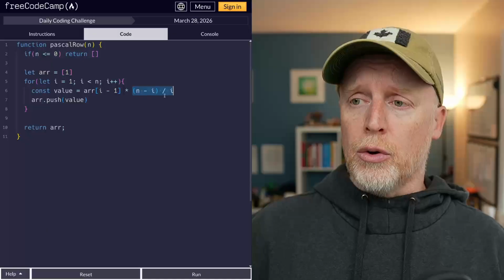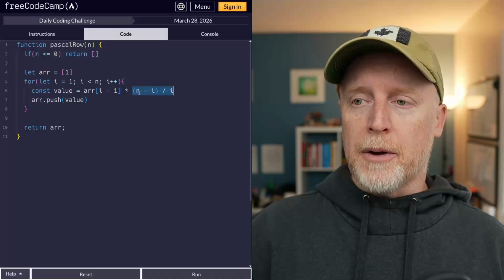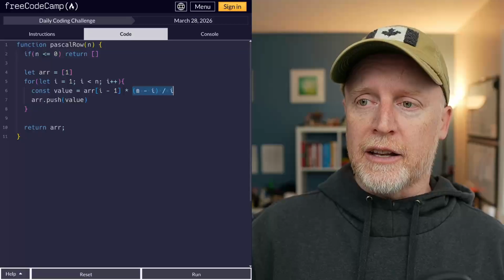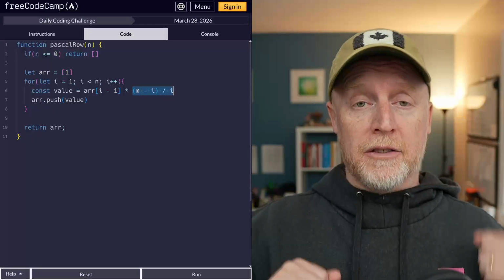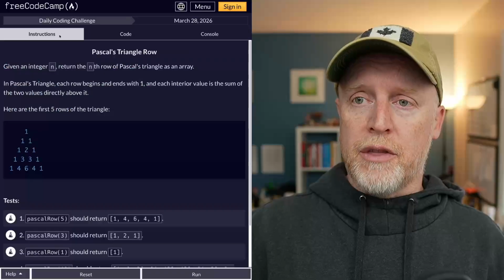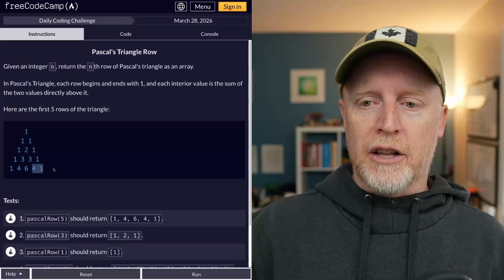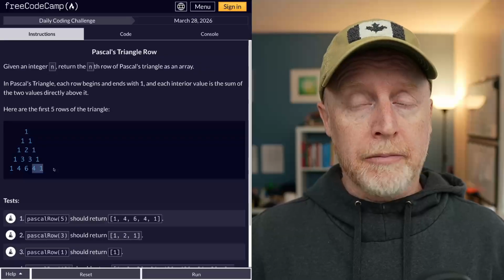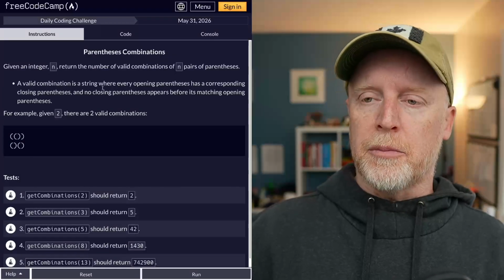And as it goes, the bottom number gets bigger because it goes through the loop. The top number gets smaller because we're subtracting that i from the number, and they end up flipping at some point, which is how this logic goes all the way big, and then on the other side it goes small again.